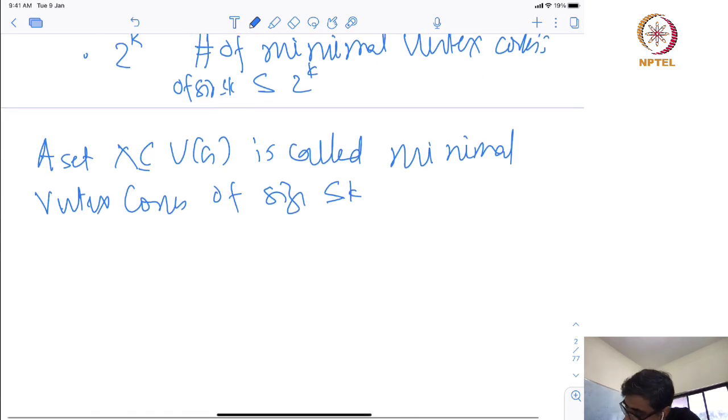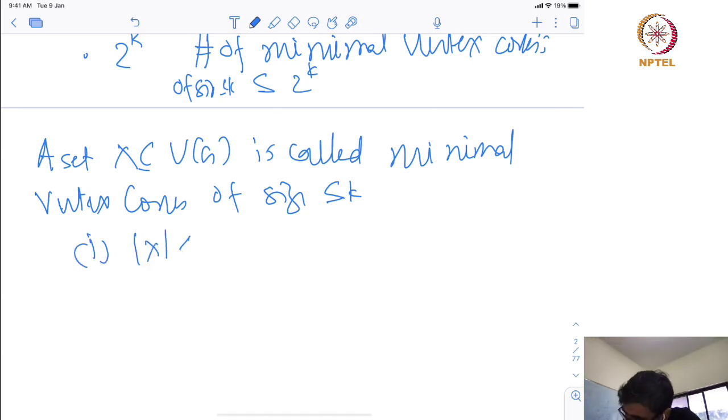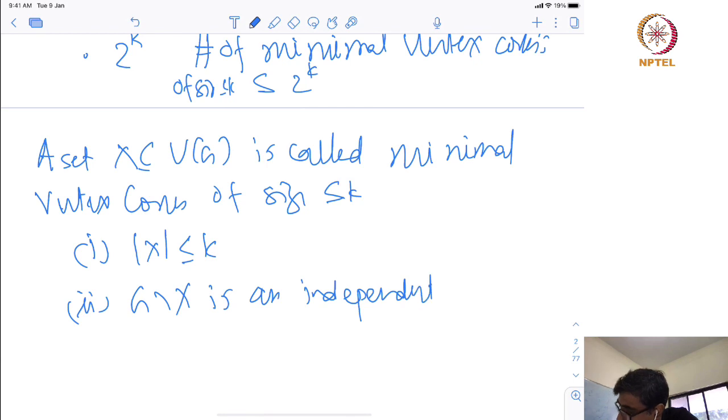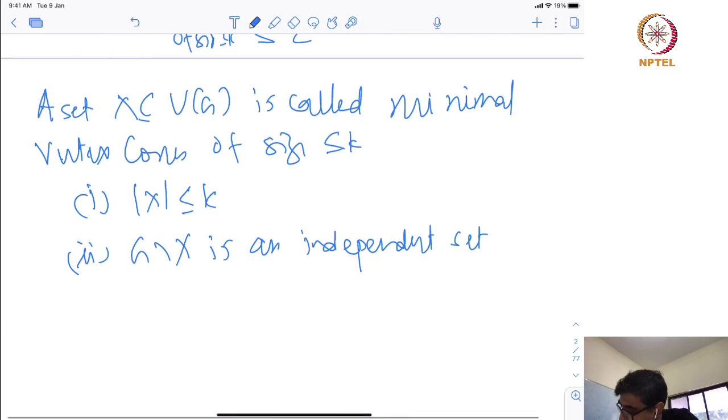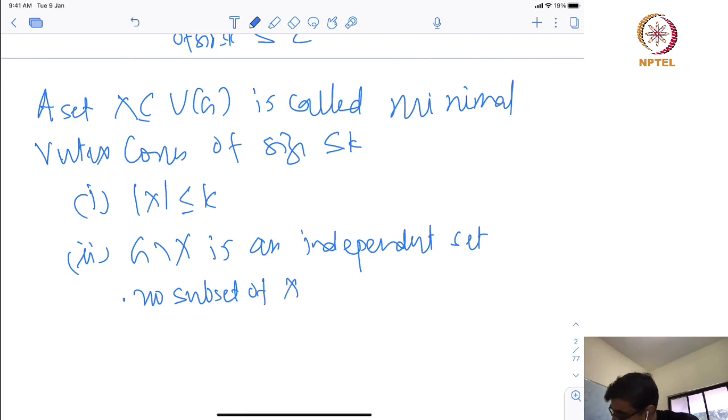What properties does it have? First, the cardinality of X is at most k. Secondly, G minus X is an independent set. And finally, no proper subset of X intersects all edges.